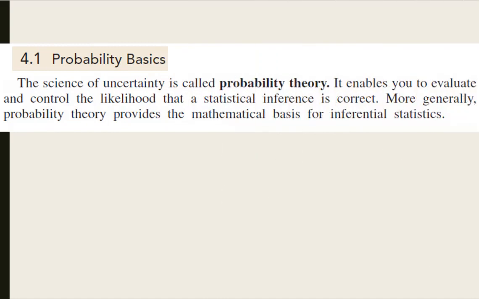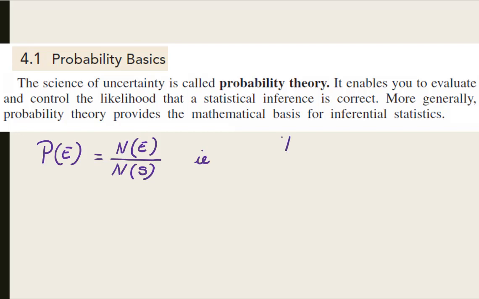The science of uncertainty is called probability theory. It allows us to evaluate and control the likelihood that a statistical event is correct. In probability theory in general, P(E) is equal to NE over NS.